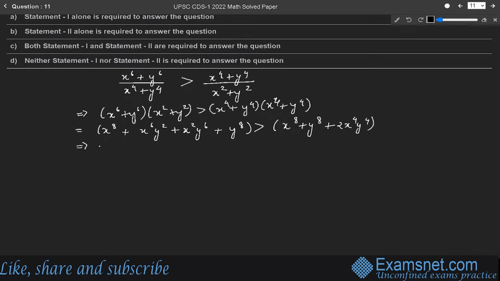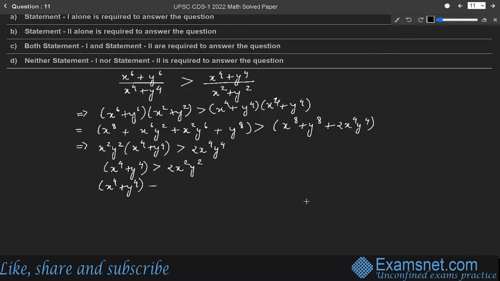Further, it can be written as x square y square into (x to the power 4 plus y to the power 4) is greater than 2x to the power 4 y to the power 4. Therefore, we can say that x to the power 4 plus y to the power 4 is greater than 2x square y square. It means that it can also be written as x to the power 4 plus y to the power 4 minus 2x square y square is greater than 0, which will be (x square minus y square) whole square is greater than 0.